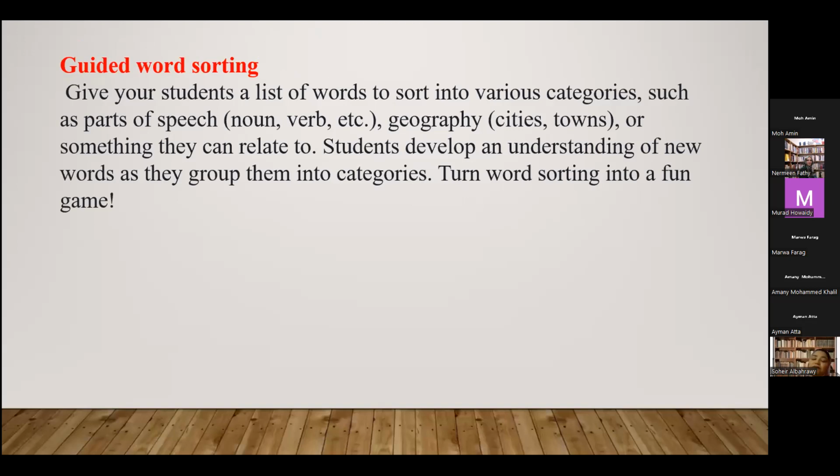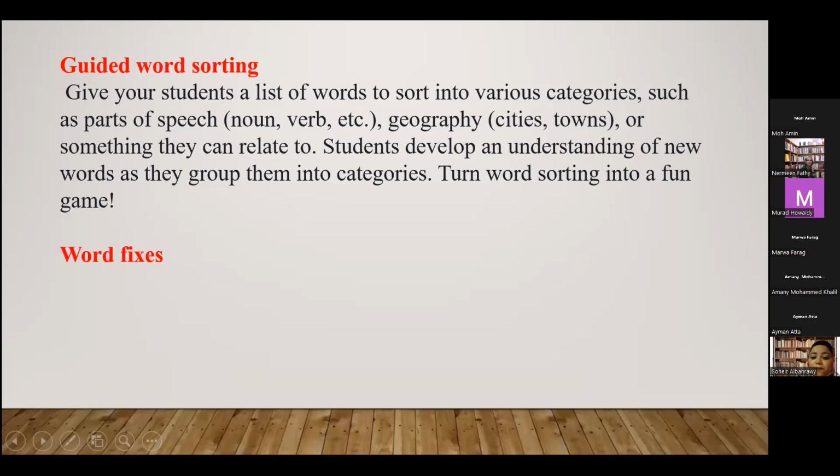Just give them a list of words and ask them to categorize, whether individually or in groups, according to your class numbers, whether they are small or large, according to the atmosphere inside the classrooms. The second technique is word fixes.